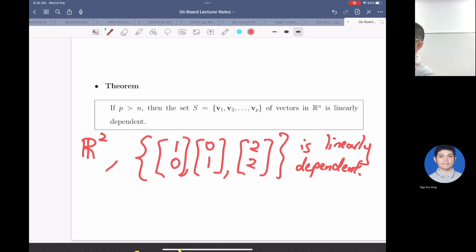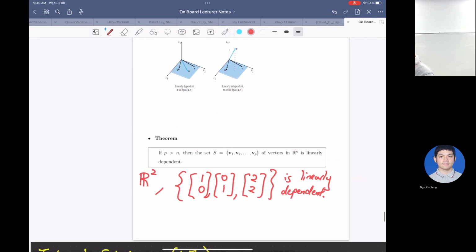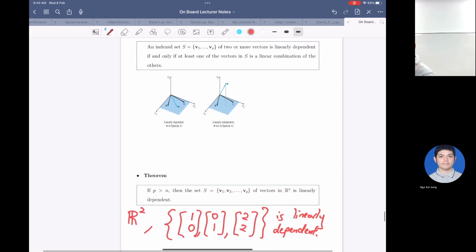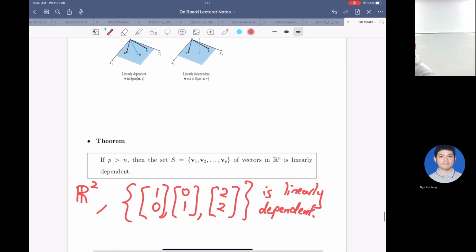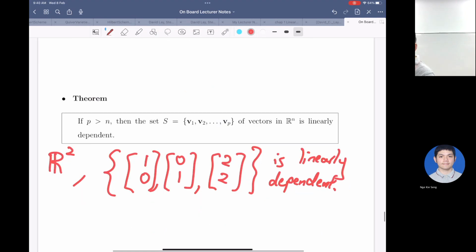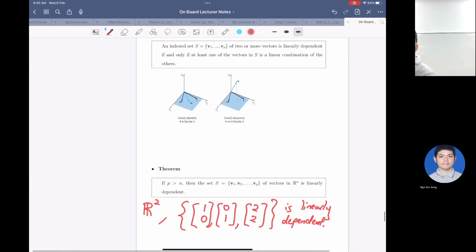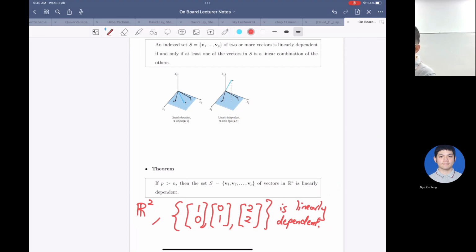So why is it linearly dependent? Any idea? From the previous theorem, you only need at least one that can be written as a linear combination of the others, then this set is linearly dependent.